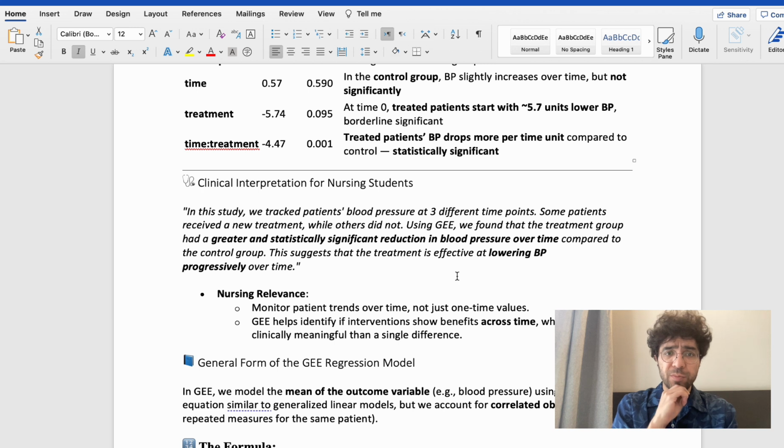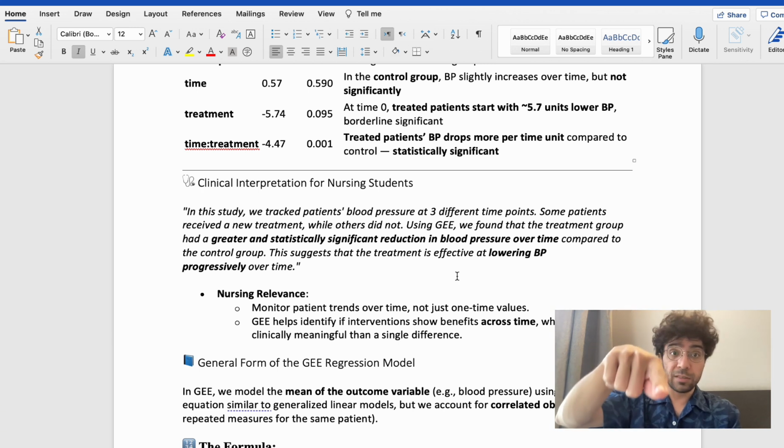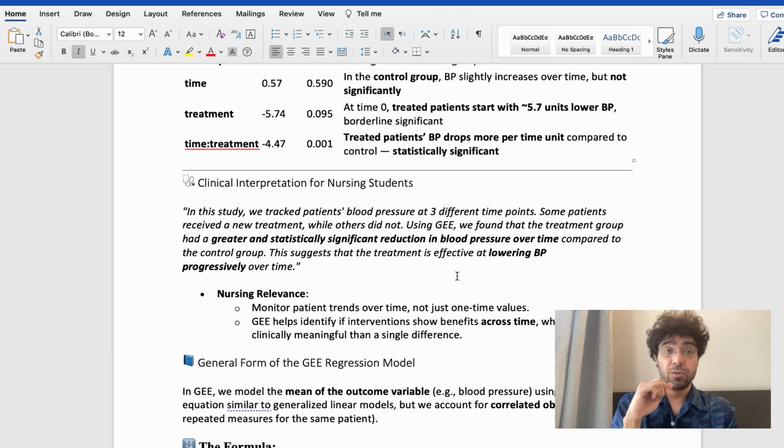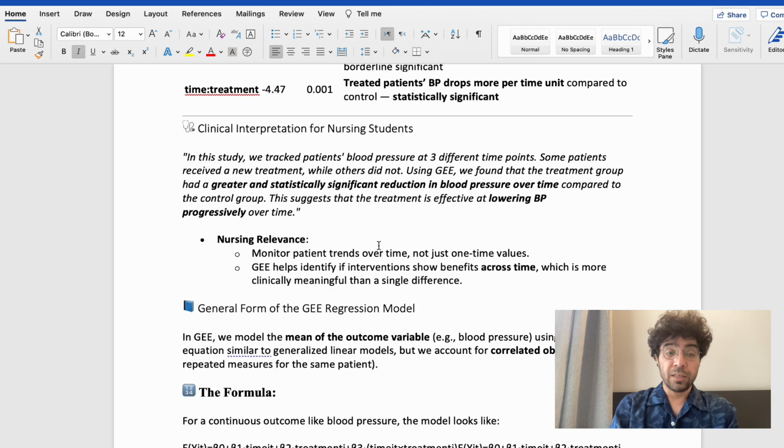This suggests that the treatment is effective at lowering the blood pressure progressively over time. So this is the answer that we were looking for. This suggests the treatment is effective at lowering, because of the minus in the coefficient, the blood pressure progressively over time because of the time-treatment factor here.